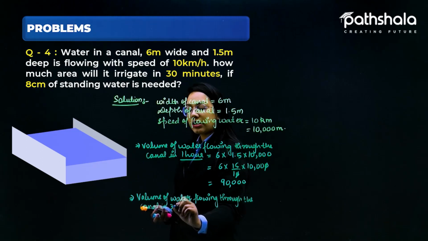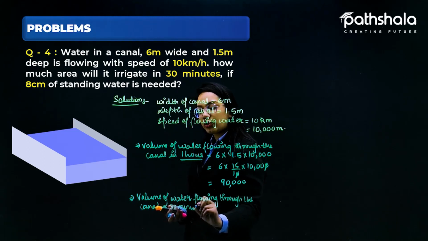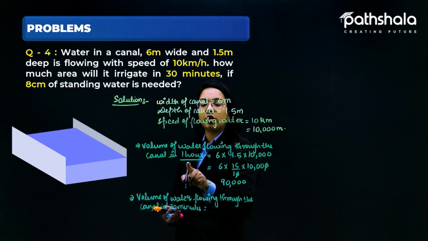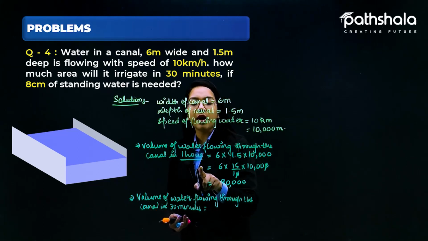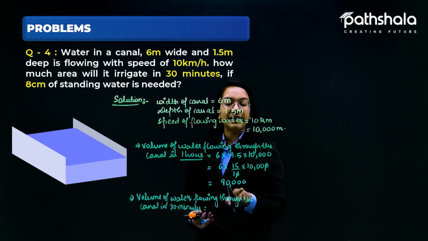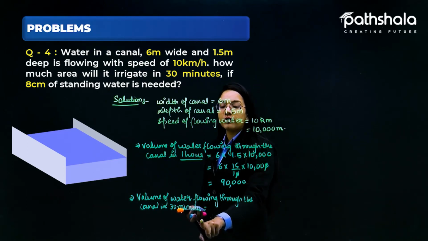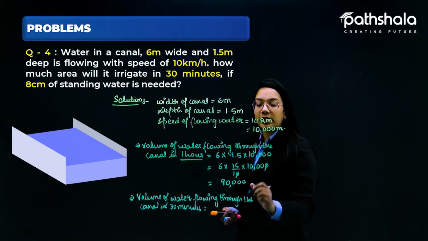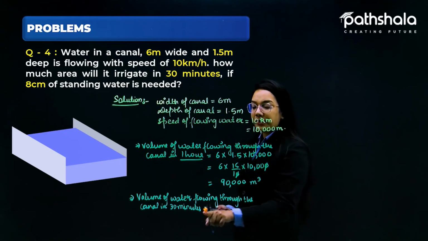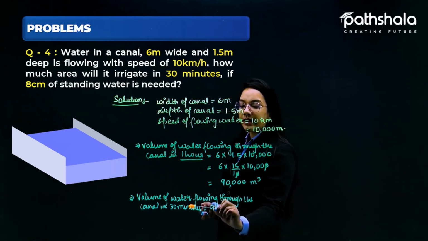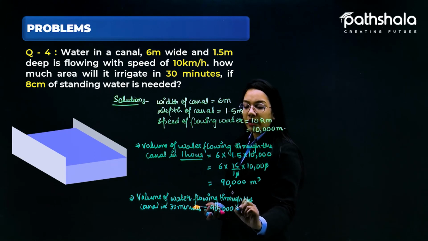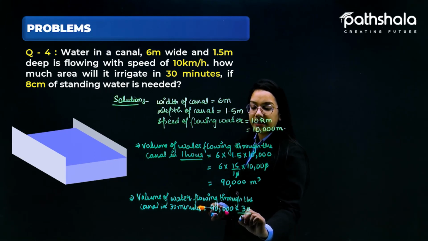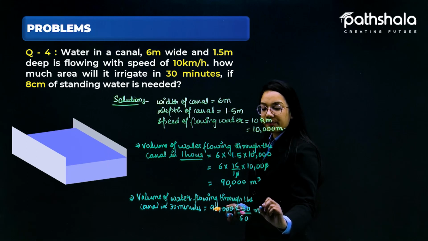In 1 hour it is 90,000, but in 30 minutes the volume of water should be 90,000 into 30 divided by 60 meter cubes.